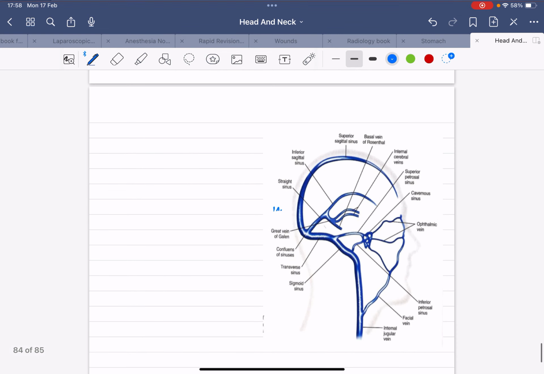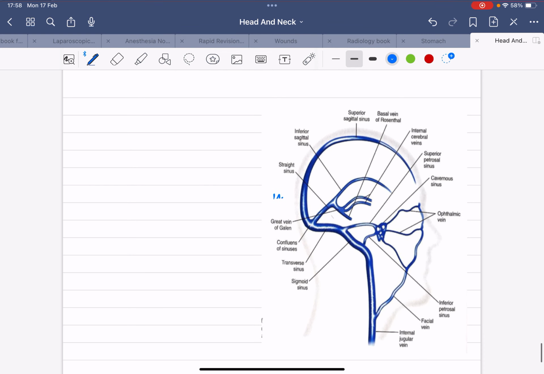Now see this picture, all students. First thing, see here, this is your superior sagittal sinus. Take the green color. This is your inferior sagittal sinus.